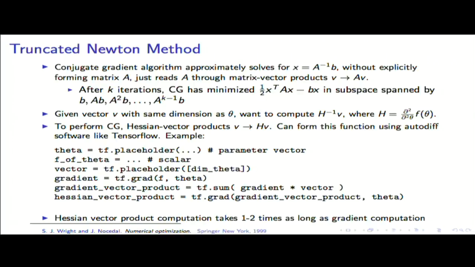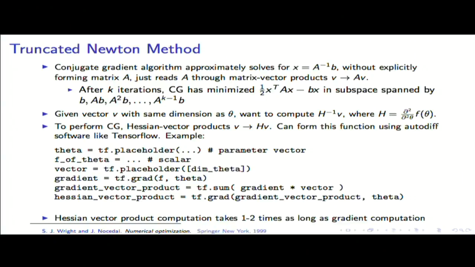So that's the cheap gradient principle, that's what it's sometimes called. Now we want to compute a Hessian vector product, but we never want to form the Hessian because it's expensive. It'll go as n squared.